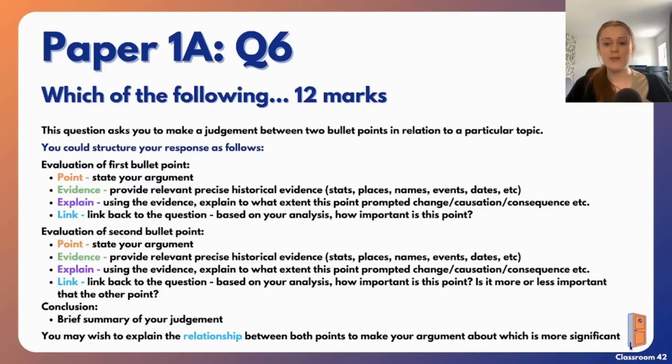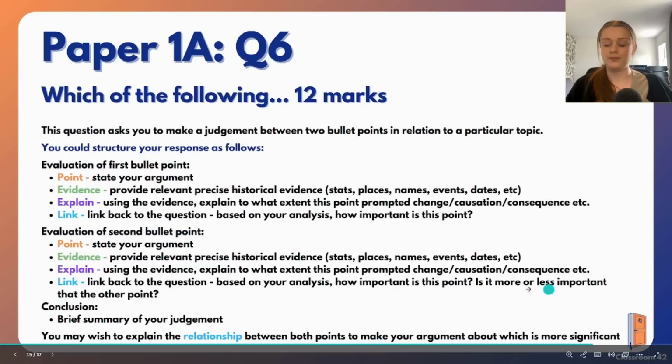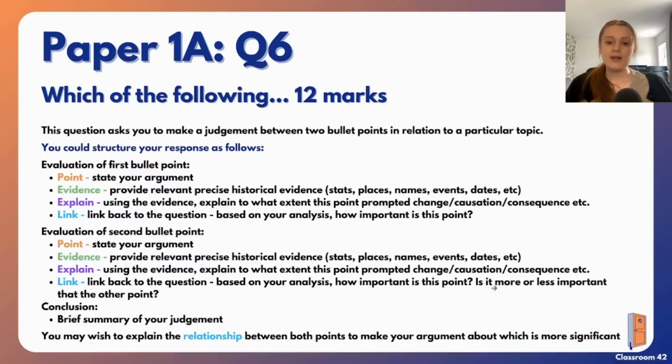Then you need to do the exact same for the second bullet point, but in your link, you can also compare it to your first point. You can say, although this point was important, I think that point 1 was more important because without point 1, this wouldn't have happened, or, point 1 on its own wouldn't have been enough to do X, Y, Z. So you can compare the 2 points as well and make a judgment within your second bullet point.